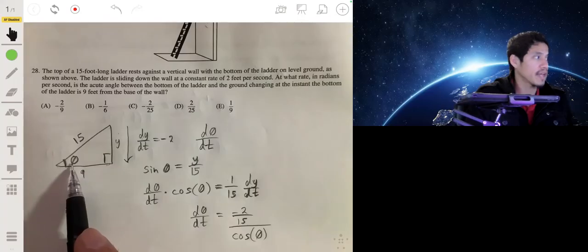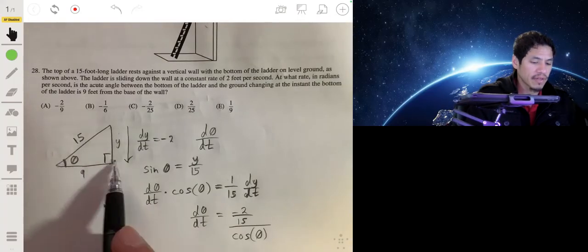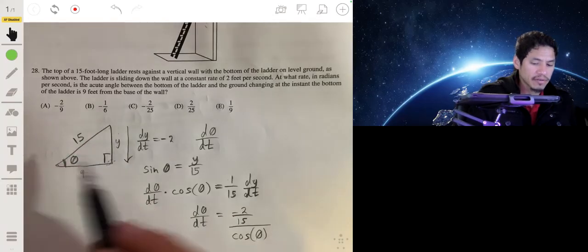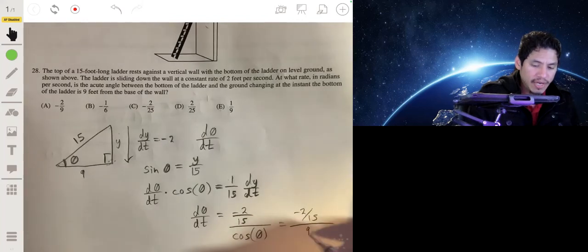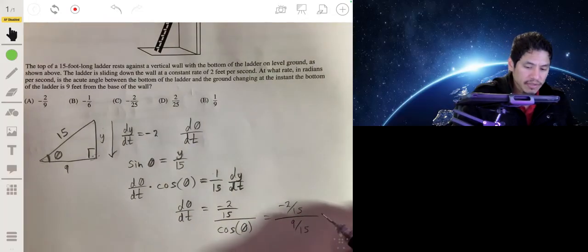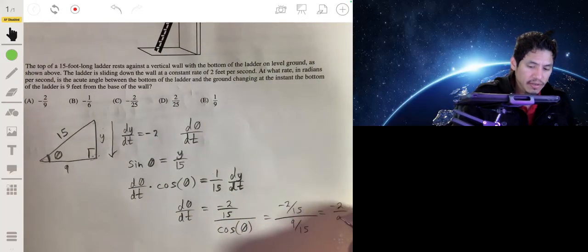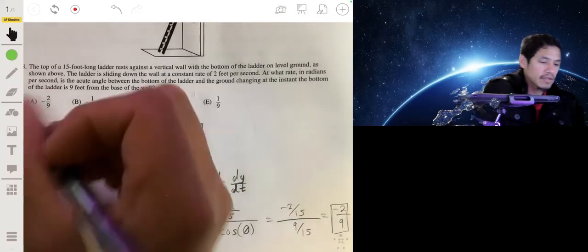And the cosine of the angle, just from trig, is the length of the adjacent side over the hypotenuse. So this will be negative 2/15 over 9/15. And then that just becomes negative 2 over 9. And then our answer will be A.